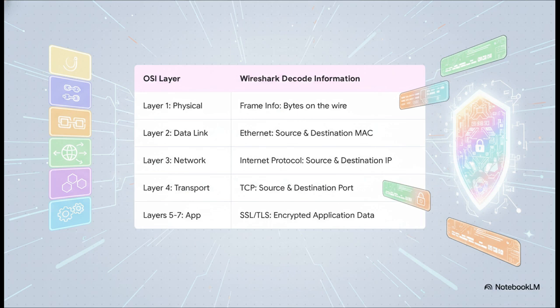Then you see the Ethernet info with the MAC addresses. That's layer 2. Right above it, the Internet Protocol with the IP addresses. That's layer 3. Then you've got TCP with the port numbers managing the delivery. Pure layer 4. And finally, at the top, you have the actual application data, all nicely encrypted. That's layers 5, 6, and 7, all bundled together. It's the whole model right there in one little packet.